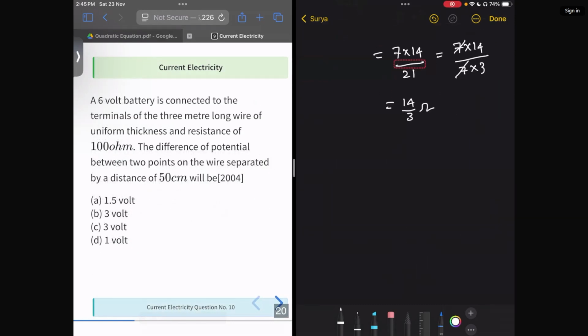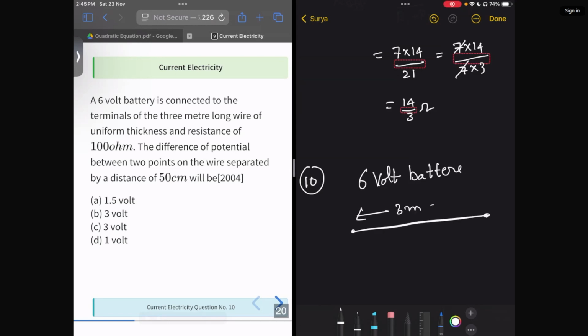So next question, 10th question. There is a 6-volt battery connected through a 3 meter long wire of uniform thickness, resistance of 100 ohms.